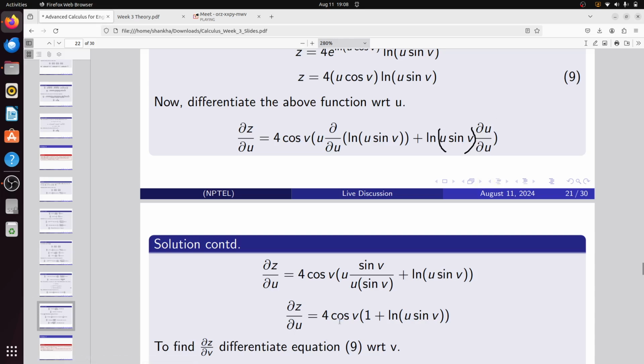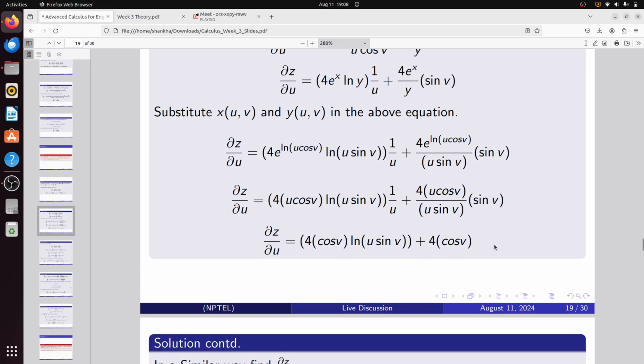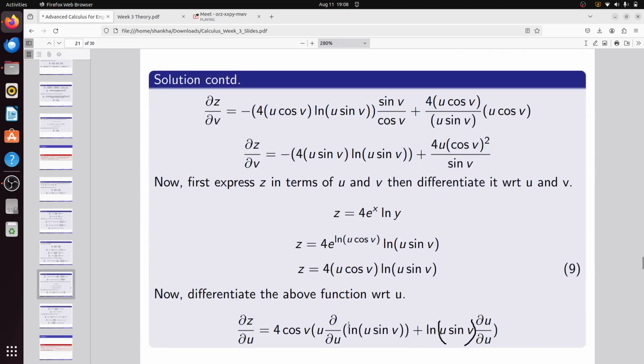So see the expression, ∂z/∂u equal to 4 cos v common, 1 plus ln(u sin v). This is what we got using the chain rule also. You take 4 cos v out, you will get 1 plus ln(u sin v). So that is how you can cross check the two results.